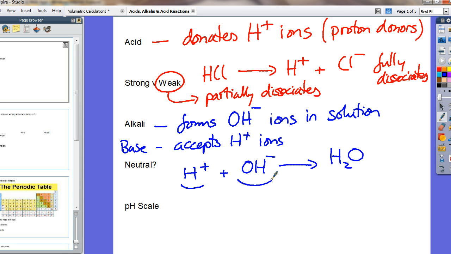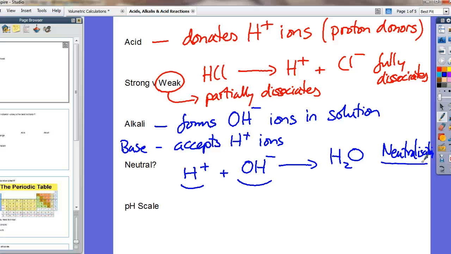Now, that is a neutralization reaction, and what I've just written there is an example. That's an example of an ionic equation. You've got 2 ions combining to form water, and that's valid for every single neutralization that you come across.